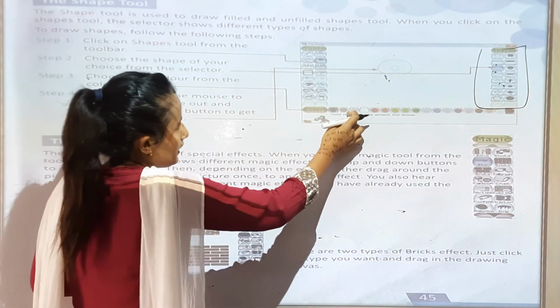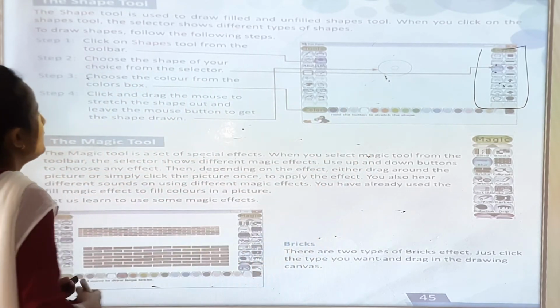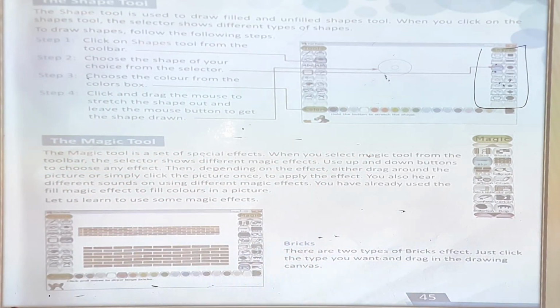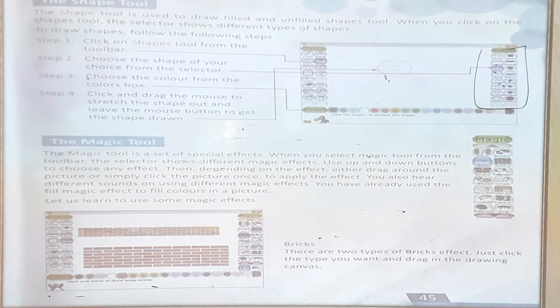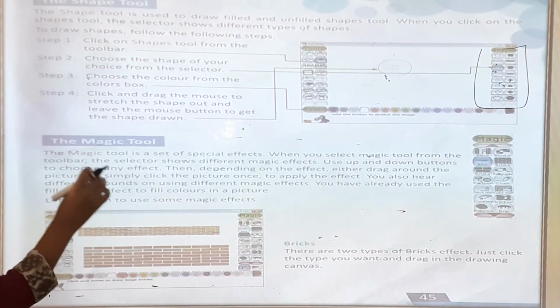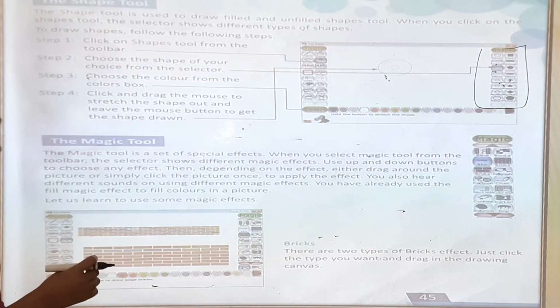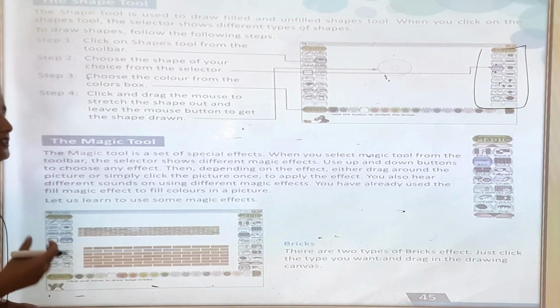Click and drag the mouse to stretch the shape out, and release the mouse button to get the shape drawn.